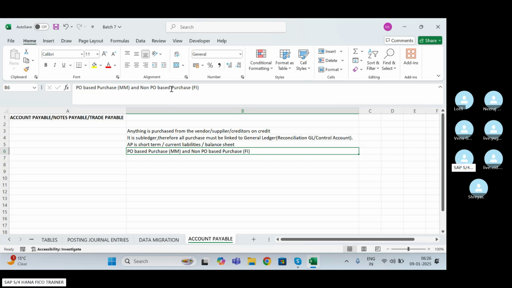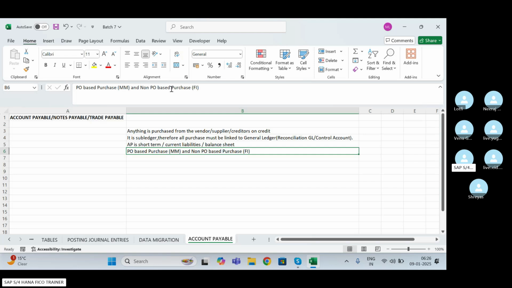Whenever you want to purchase something for a certain plant and you want to track the quantity, if you purchase today 10 laptops, you want to track that I purchased 10 laptops for Bangalore plant or for Gujarat plant or for Maharashtra plant.